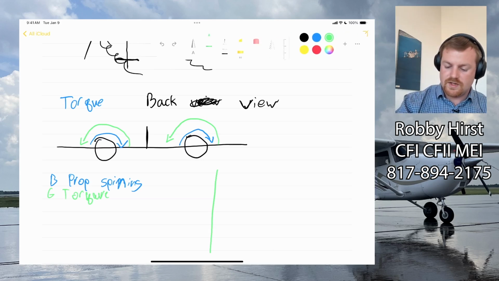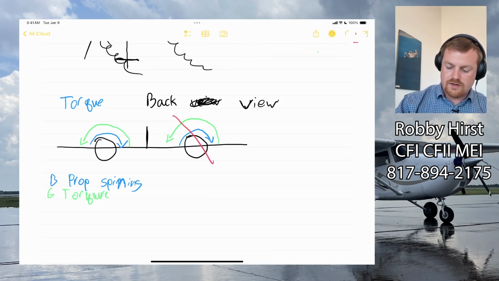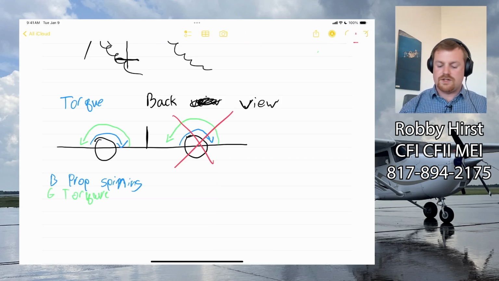I'm getting into the weeds. So we lose our right engine. You'll notice that with our left engine still operating, the torque is torquing into the operative engine. So the torque is pushing us away from our inoperative engine, keeping from the banking tendencies that we were talking about earlier.